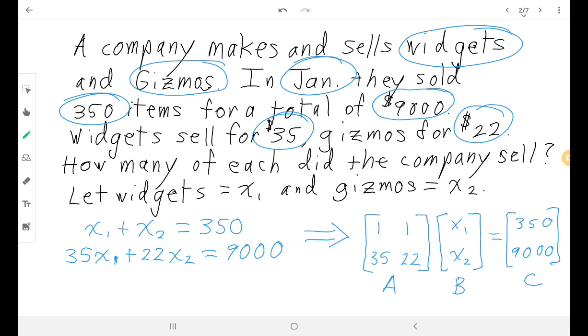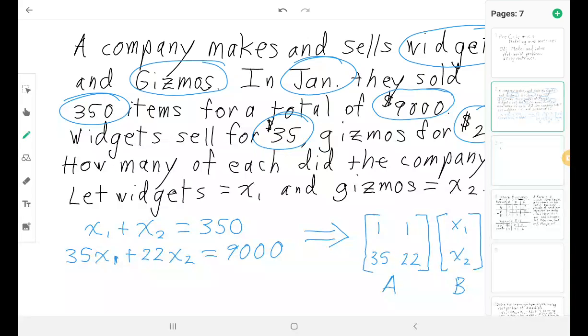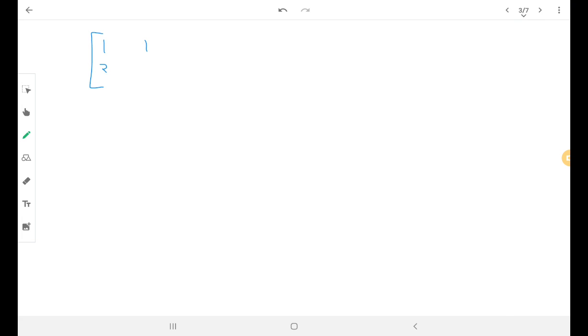And then we have the so-called modified matrix, which is another way of writing this, and I'm going to have to go back and look at my numbers as I do this, so forgive me, please. 1, 1, 35, 22.